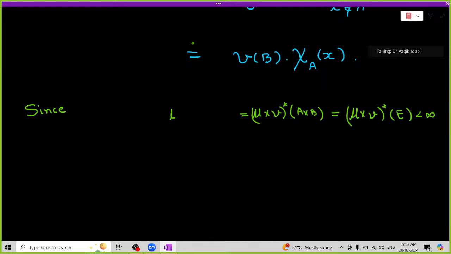So this will be the same as mu cross nu evaluated at A cross B. And by definition, what is mu cross nu evaluated at A cross B? We saw this yesterday. This is mu of A times nu of B. So this mu A times nu B is a finite quantity. It's a finite quantity. So it follows what?